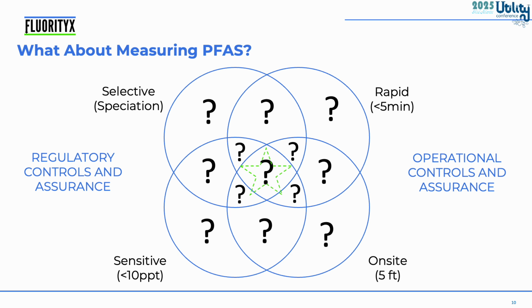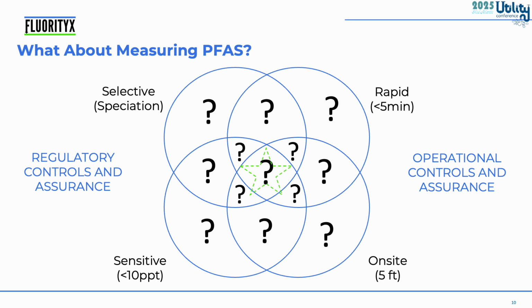On the operational side, we want to be able to take a measurement within 5 minutes so we can see at that point in time what the measurement is, and then on site, having it close to where you're pulling the sample or even inline, so that, again, for that piece of water that you are measuring, you have assurance that that's the level of PFAS.